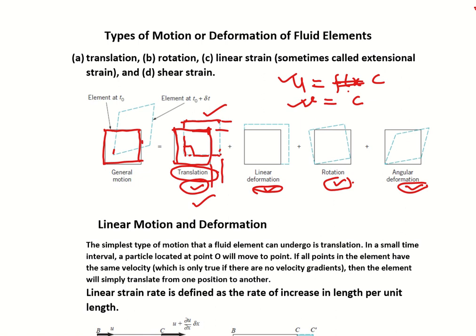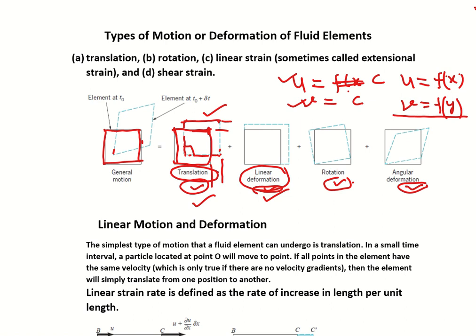Now we will consider the second aspect, that is, linear deformation. Suppose we have a flow field in which u is a function of x. It means that u varies in x direction, so we have a velocity gradient in x direction, and v is a function of y. If v is a function of y, it means that we have a velocity gradient in y direction.